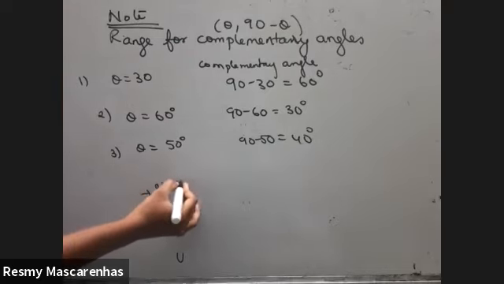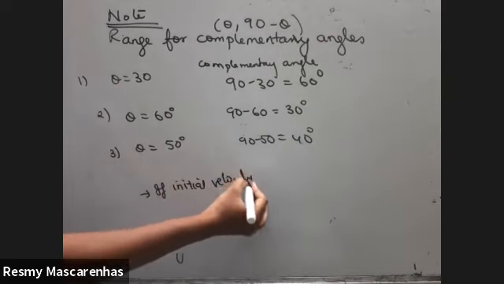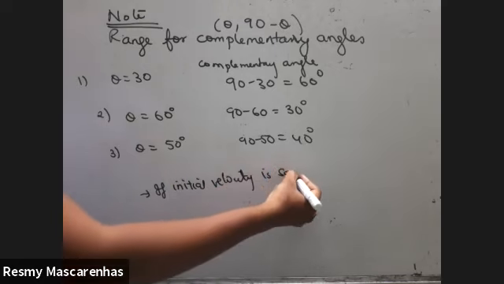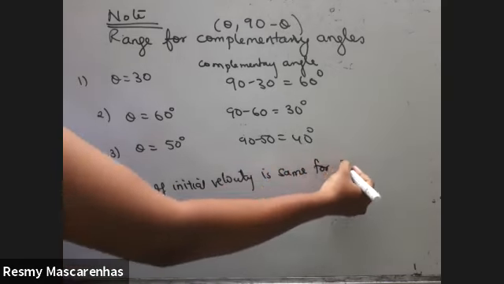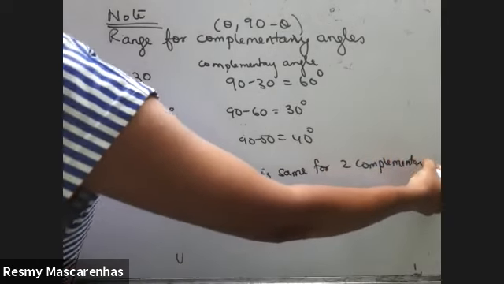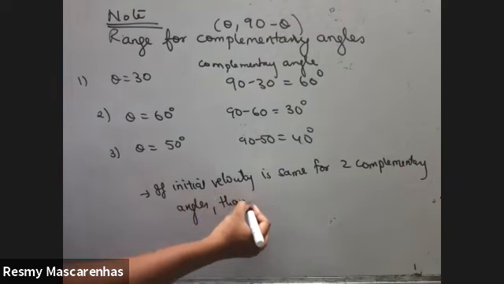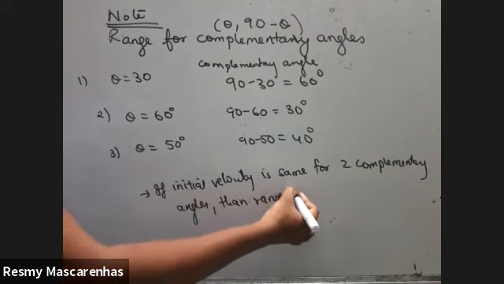If the initial velocity is the same and the angles are complementary, then the range is the same.